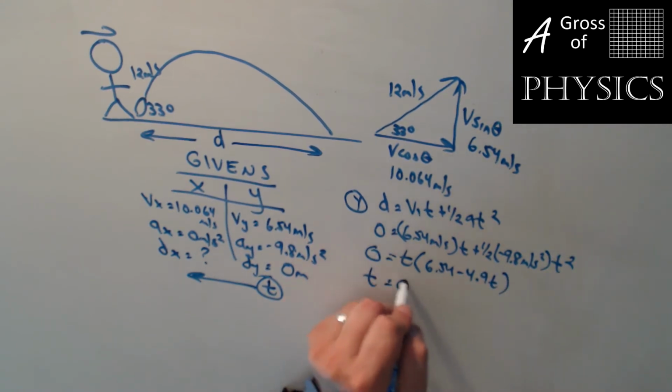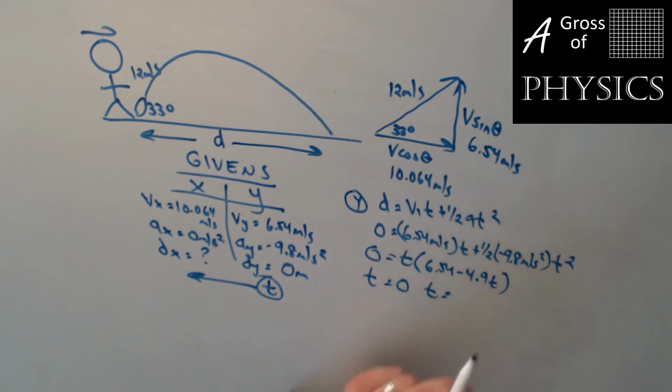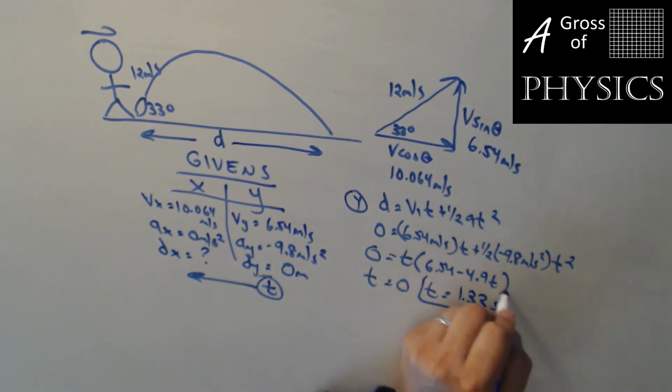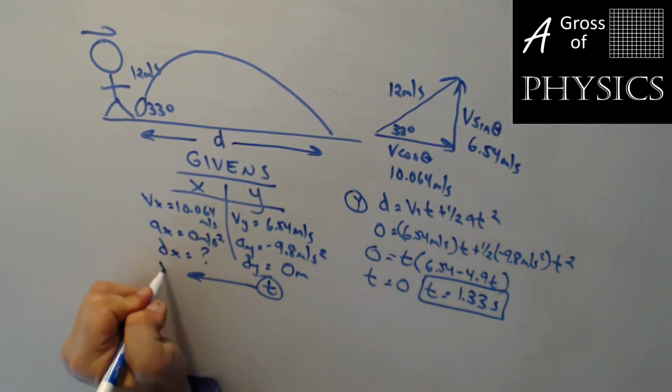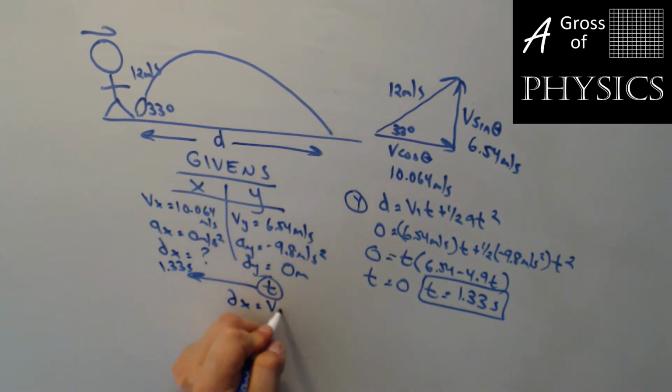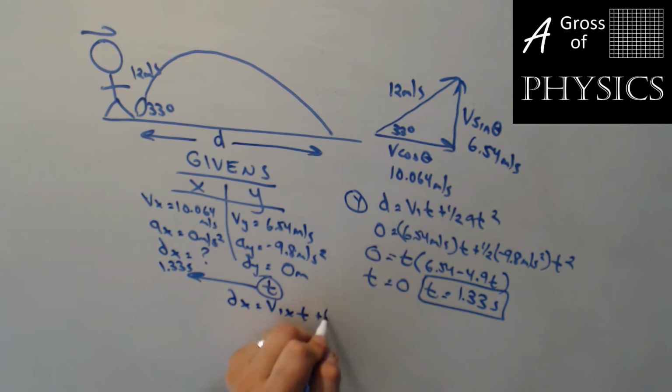So my 2 roots: t equals 0, and t equals, we'll bring the 6.54 over and divide it by 4.9. We'll get 1.33 seconds. And the 1.33 is the one we're going to use. So 1.33 seconds here. dx equals vi x t plus 1/2 ax t squared.